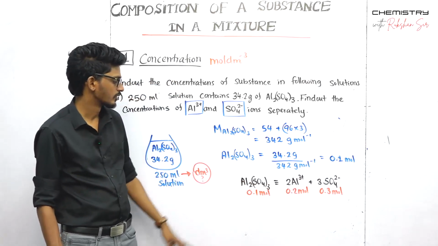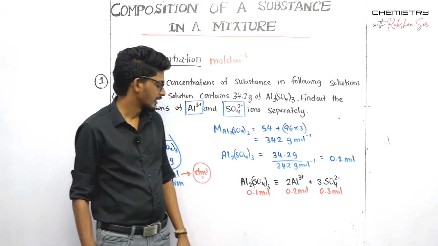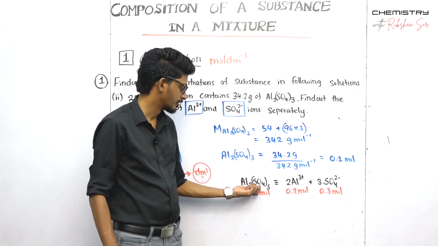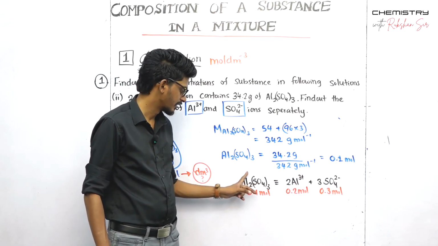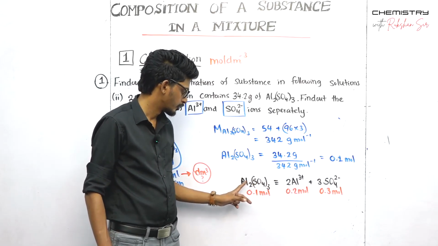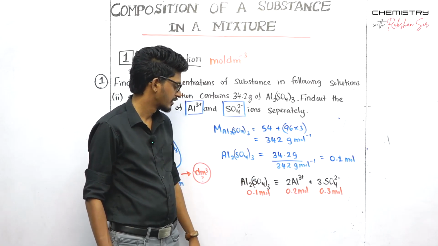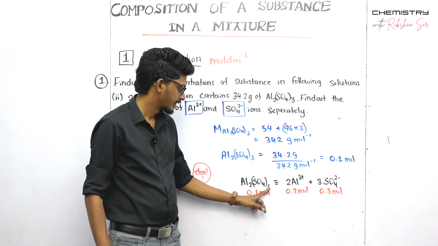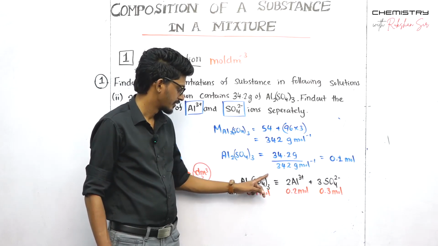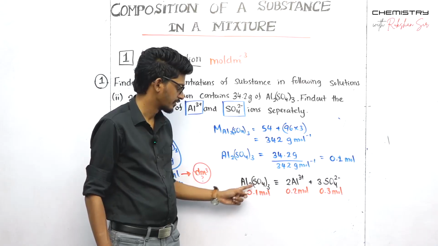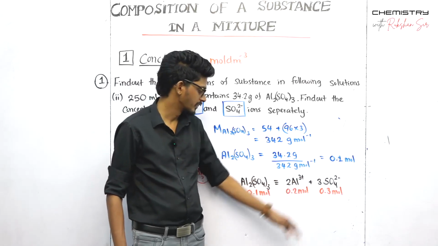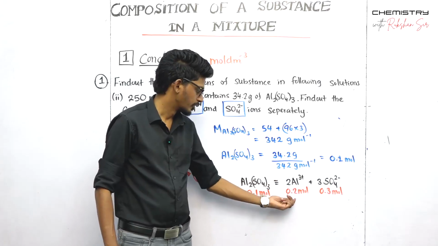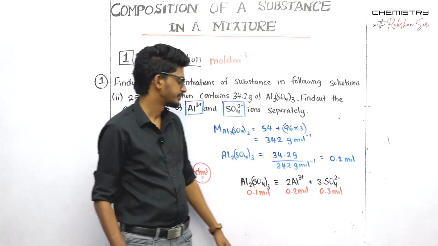One aluminum sulfate contains 2 Al3+ ions and 3 sulfate ions. As the stoichiometry is 1 to 2 to 3, you get 0.2 moles here and 0.3 moles here.